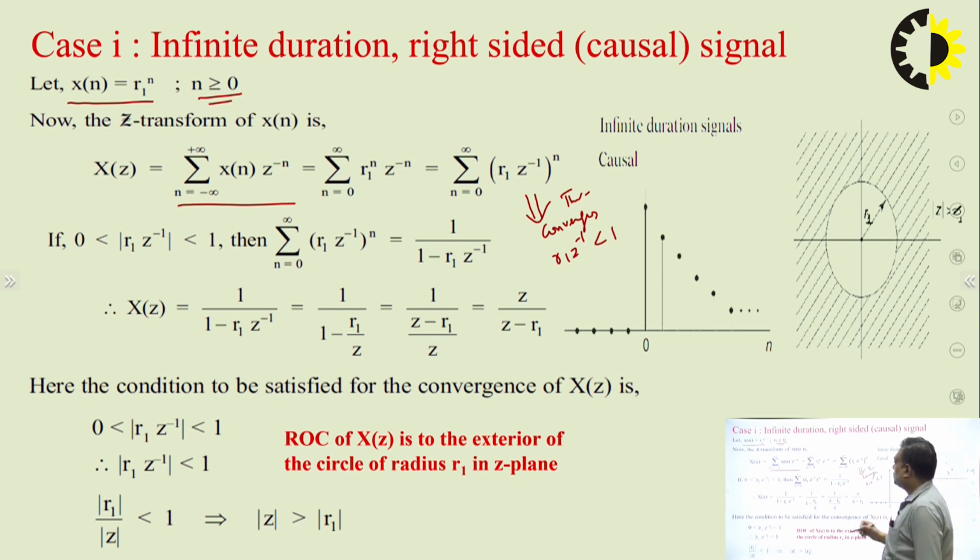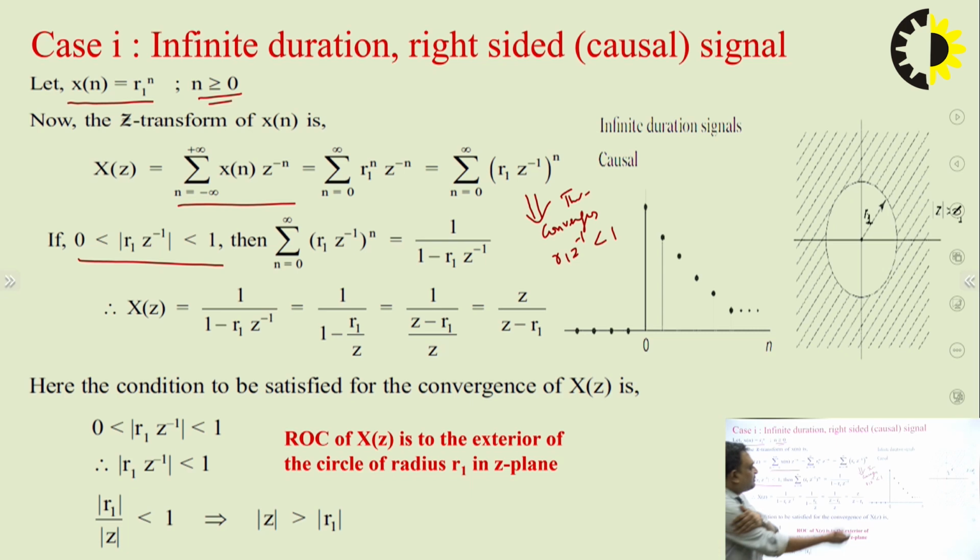Okay. So that's why the value of |R1 z^(-1)| will be greater than 0 and less than 1. And mod we are taking because we are working with this circle, so all the values will become same, plus or minus in this case.